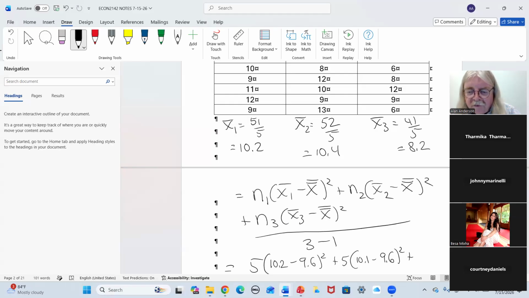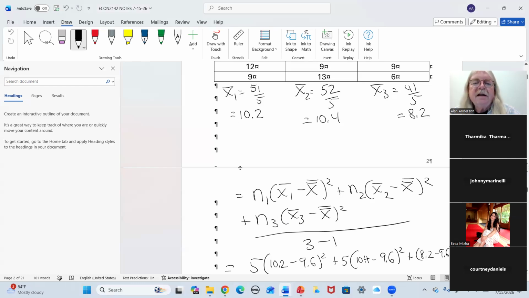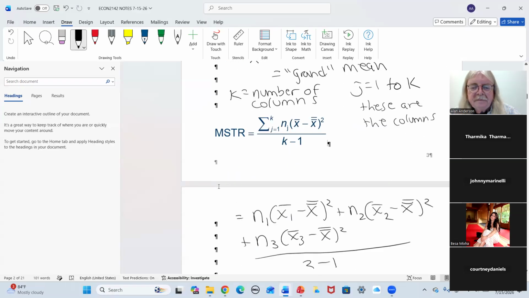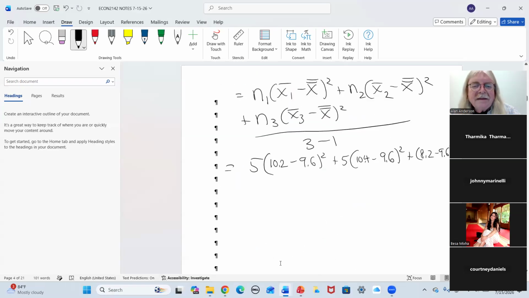Oh, sorry, this is 10.4. I copied it wrong. And then the third one was 8.2. And then all of that. Oh, I'm sorry, I missed the five. Hold on. You know what? Let me do it down here so it's a little neater.